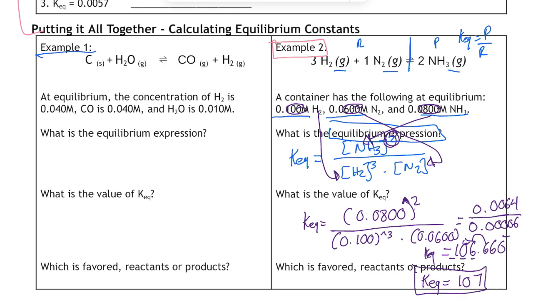And does it favor reactants or products? This is more than 1. So products are favored. Okay, go ahead and try example number 2 by yourself.